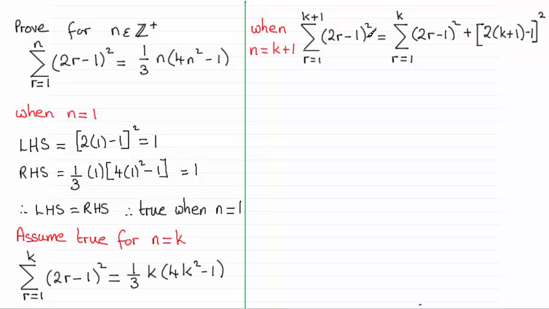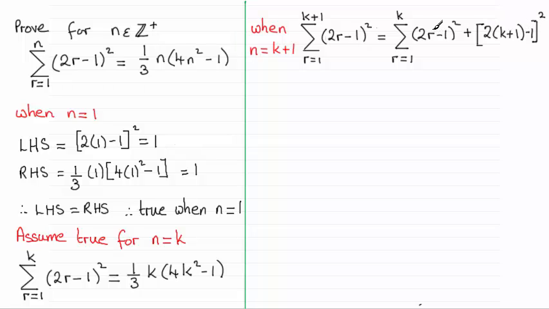We can say that this is the same as the sum of the first k terms of (2r minus 1) all squared, and then plus the next term, which will be the k plus 1th term. That's when you substitute r equals k plus 1 in here. So I've done that there: 2 lots of all of k plus 1 minus 1, and then the whole lot is squared.